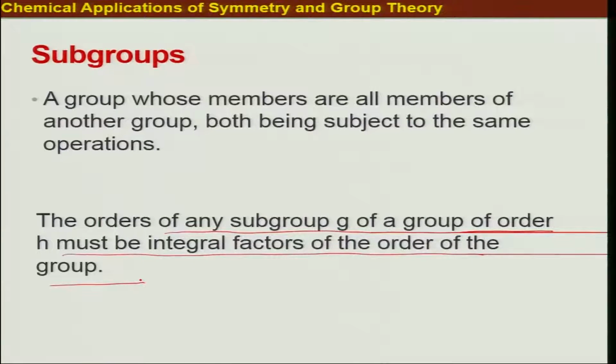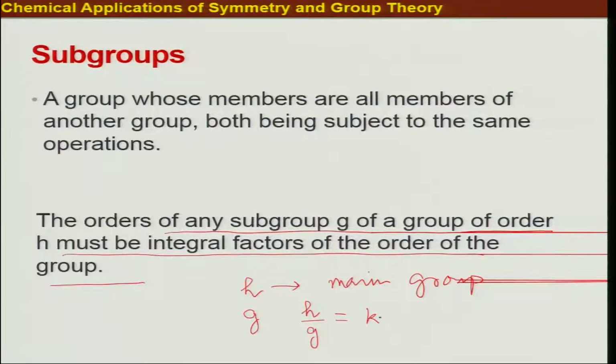So in other words, suppose I have the main group having an order H. If there is a subgroup, its order G should be such that H by G equals K, where K is an integer. That's the condition of formation of subgroup G.